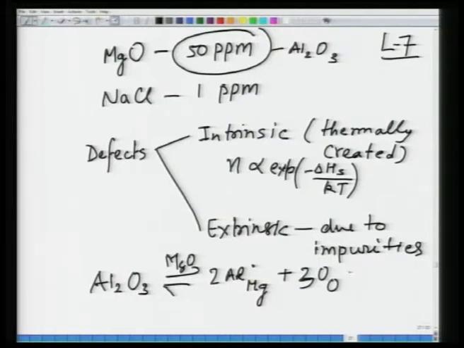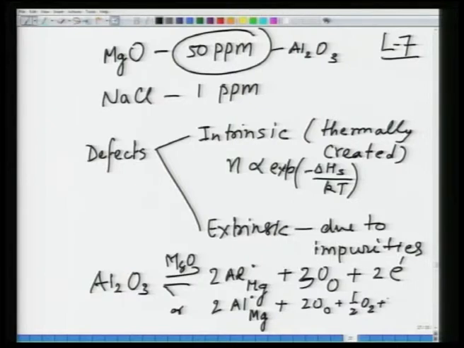In that case, it will give rise to another 2 electrons. Any of these two reactions is possible. The bottom one is most likely.